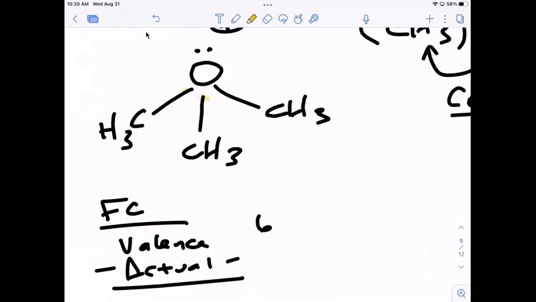So that's 1, 2, 3, and then a lone pair makes 5. So 6 minus 5. And that's how we know that the charge on an oxygen with 3 groups attached to it, or 3 bonds to carbon, is +1. Questions about that?